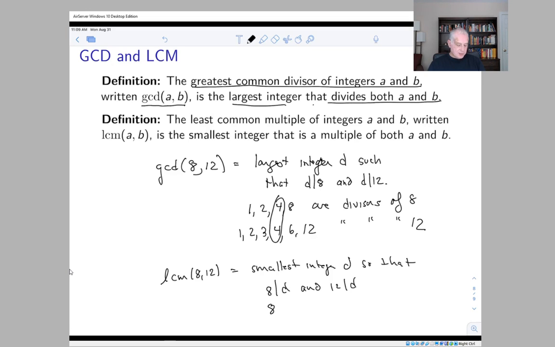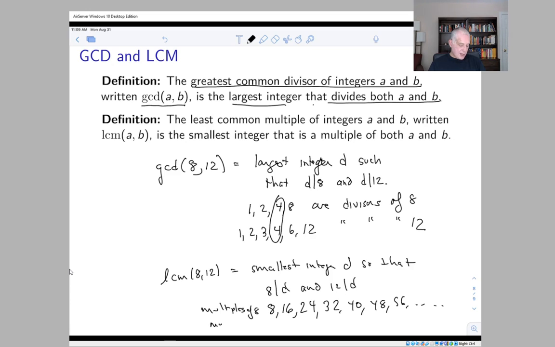The first few multiples of 8 are 8 times 1, 8 times 2, 8 times 3, 8 times 4, 8 times 5, 8 times 6, 8 times 7, and so on.